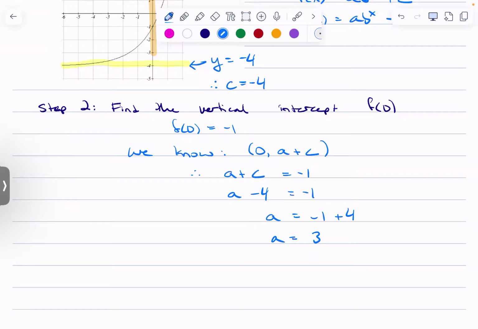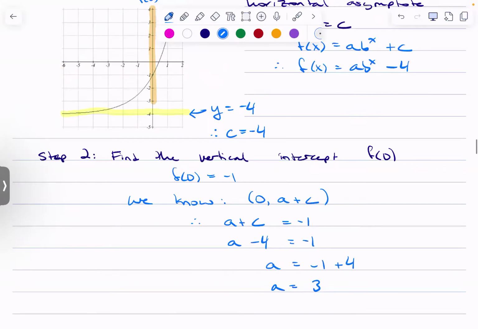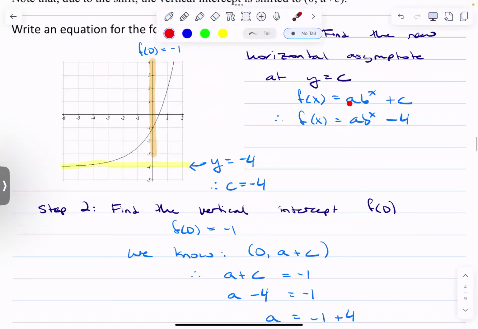Good. So we're chipping away at this thing. All right. I now have a and I now have c, and so the only thing that's missing is this b. There's a couple of different ways that you could find b, I guess.